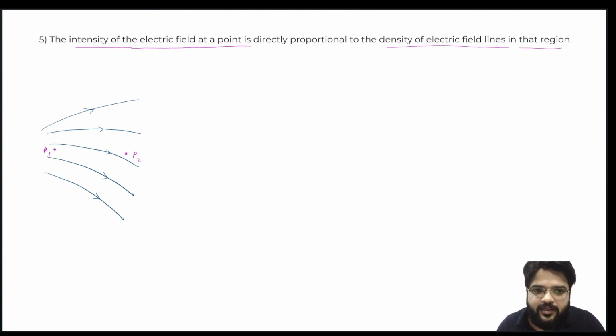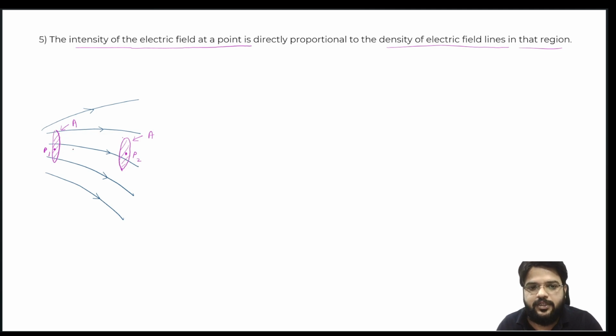So here I am considering an area A, and the same thing I am doing here also, area A. We can see how many field lines are passing through this area A. Here 3 lines are passing and here only 1 line is passing.